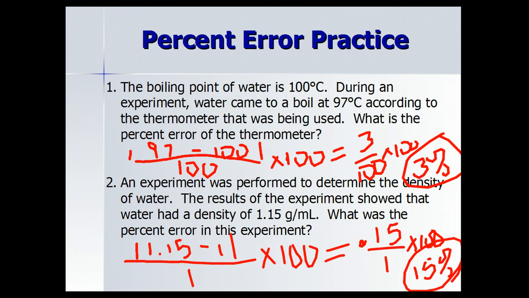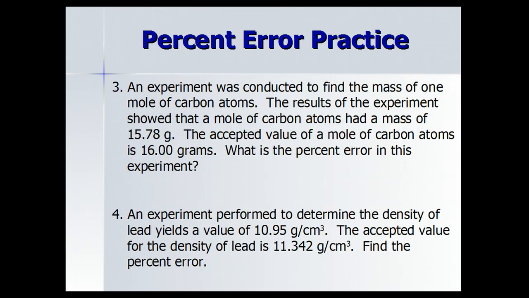Okay, let's do a couple more. Number 3, an experiment was conducted to find the mass of 1 mole of carbon atoms. At this point, you have no clue what that means, but that's okay. The results of the experiment showed that a mole of carbon atoms has a mass of 15.78 grams. The accepted value of the mole of carbon atoms is 16 grams.